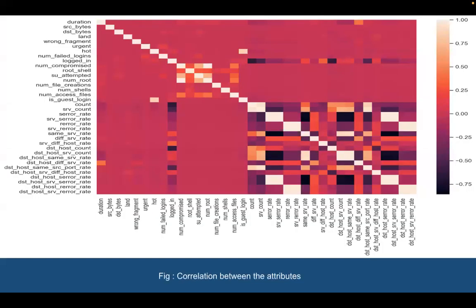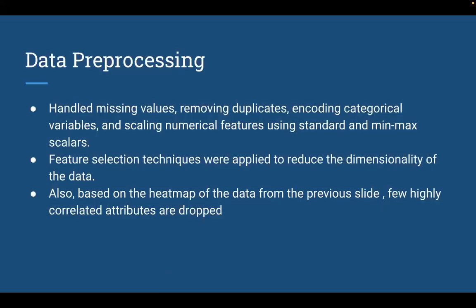The next one is the correlation between the attributes. For this, I have made a heat map. The dark colors in the bottom correspond to the least correlation between the attributes, and the light color in the top right of the image indicates that the attributes are highly correlated. And the next thing is data pre-processing.